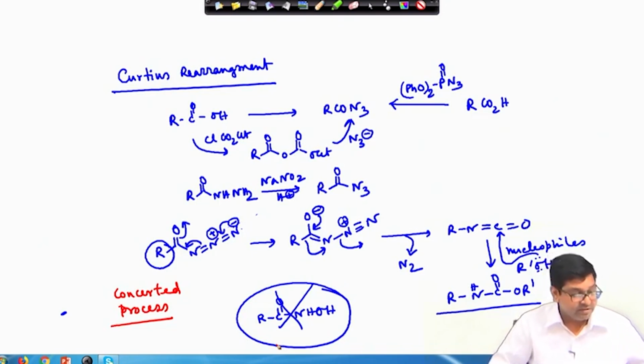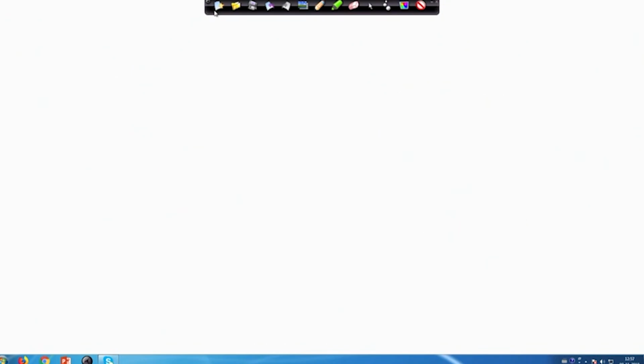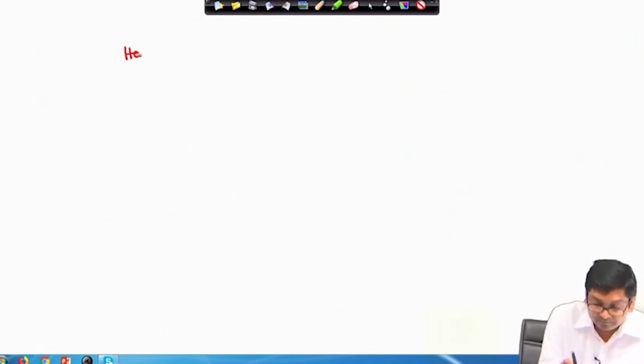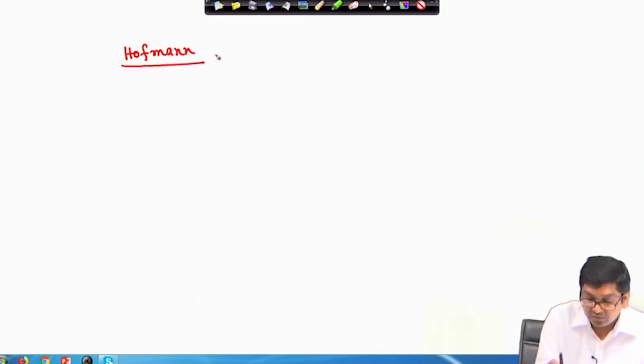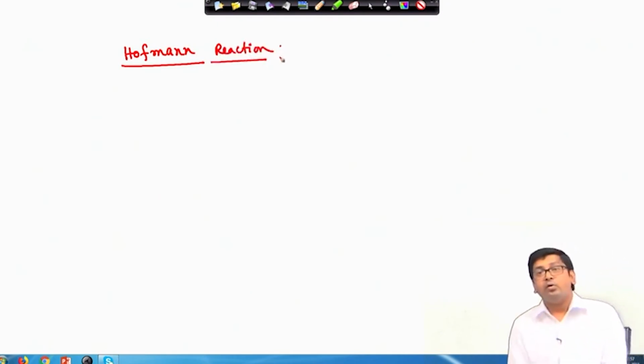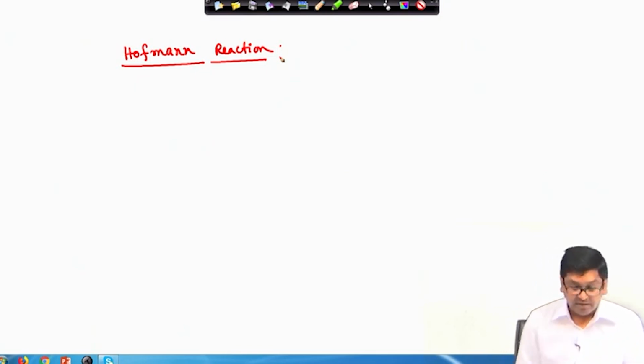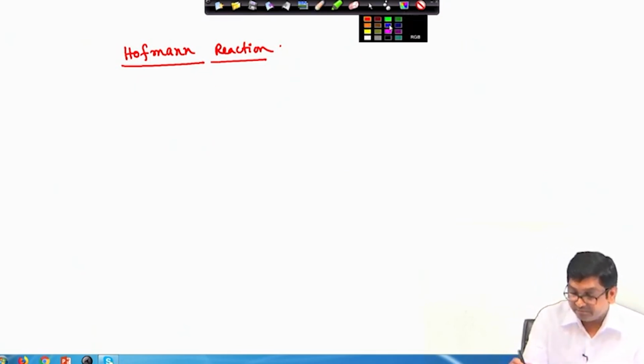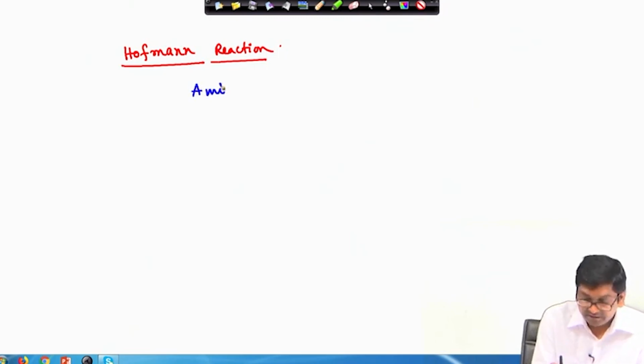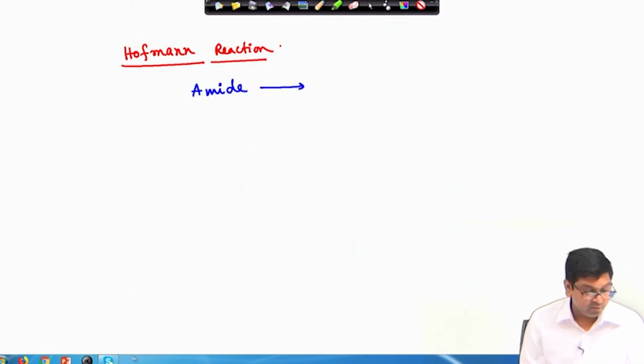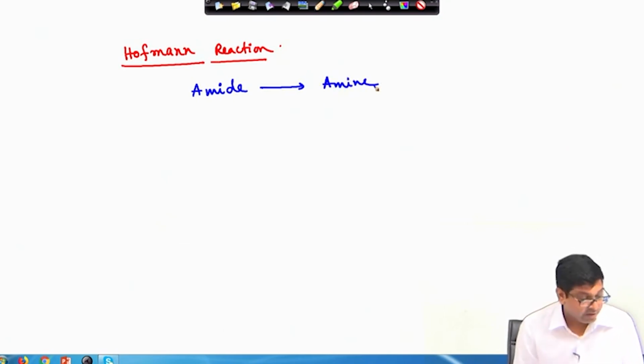Okay. Next, we will see another type of reaction, which we discussed initially, called the Hofmann reaction. Hofmann rearrangement reactions. In the Hofmann rearrangement, the starting material is an amide and the end product will be an amine.